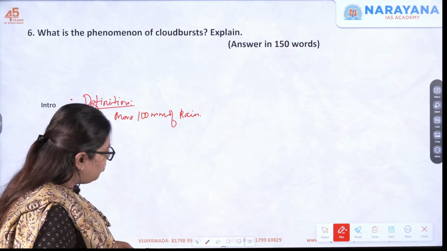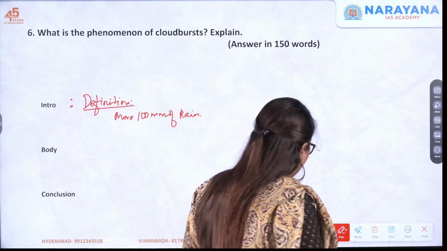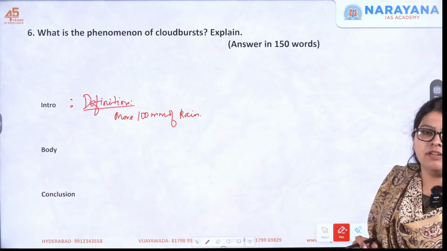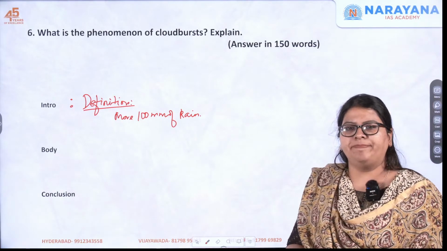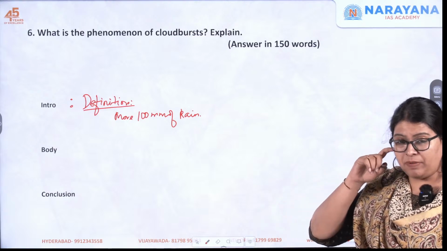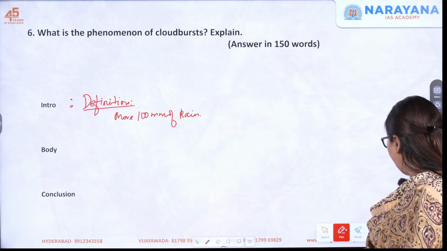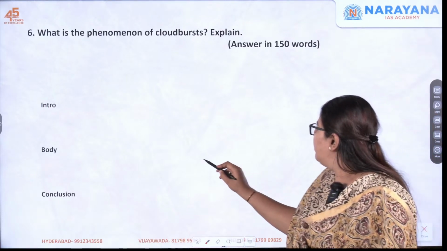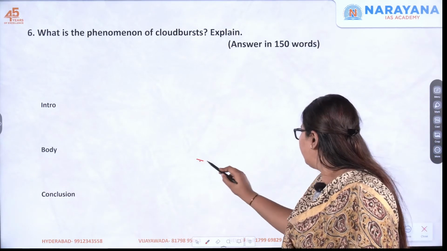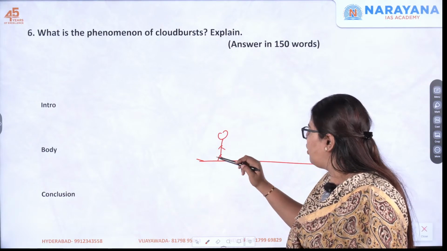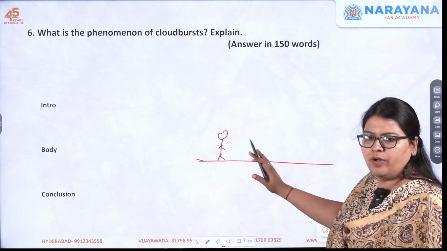So why does a cloudburst occur? What is the phenomenon of condensation? How does precipitation happen after condensation? Let's understand that. Okay, first imagine that you are over here. This is the earth's surface, you are over here.